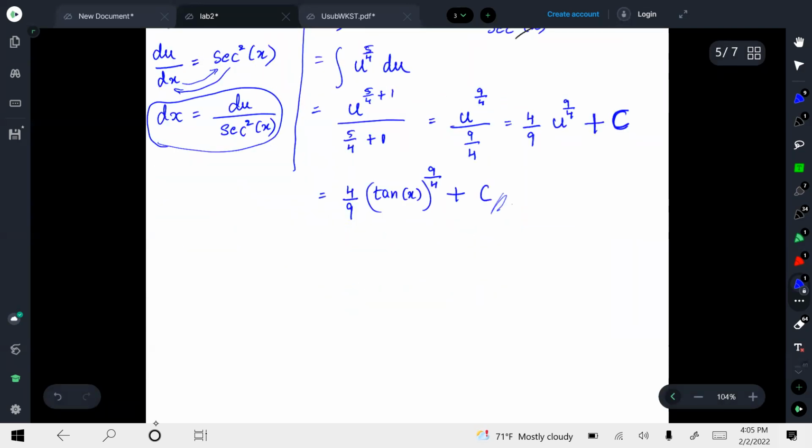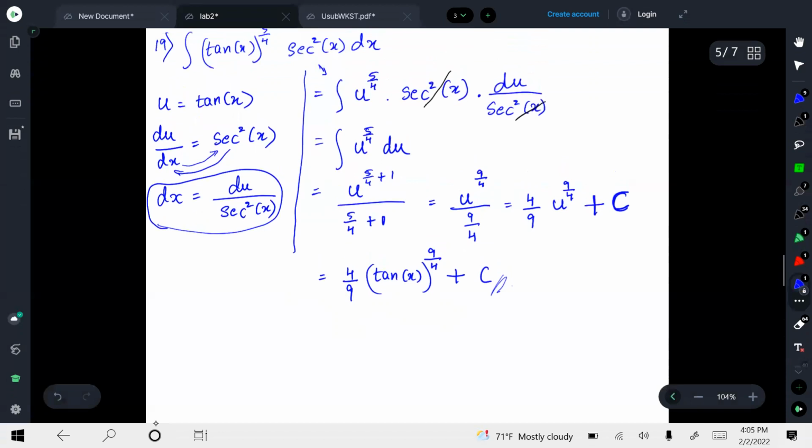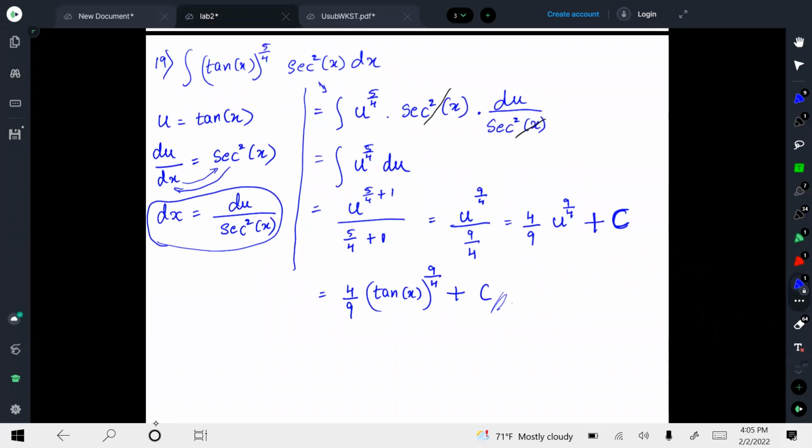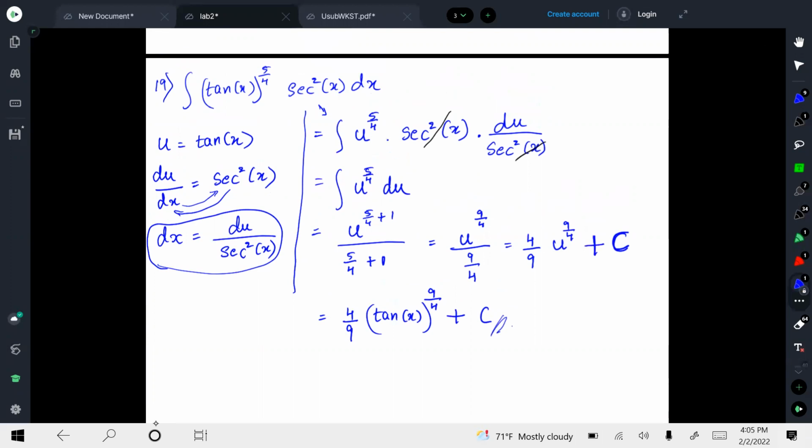Any other question? Yeah. So what happened to the du, like after you took the antiderivative? This one? Or are you asking about the integral part? Yeah, that part right there. Okay. What happens to the du?